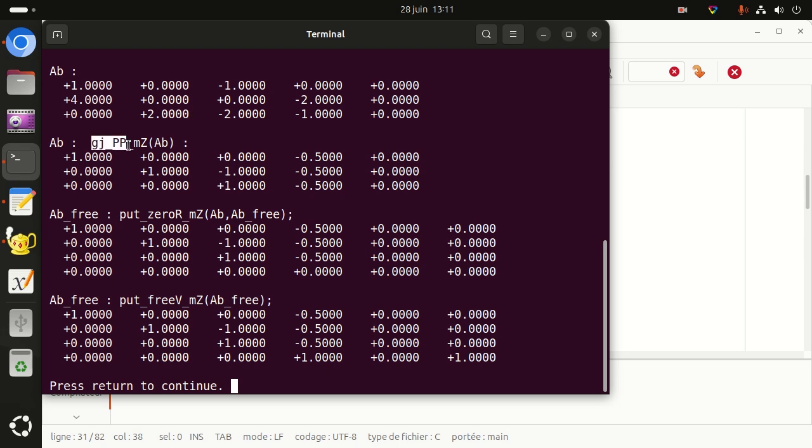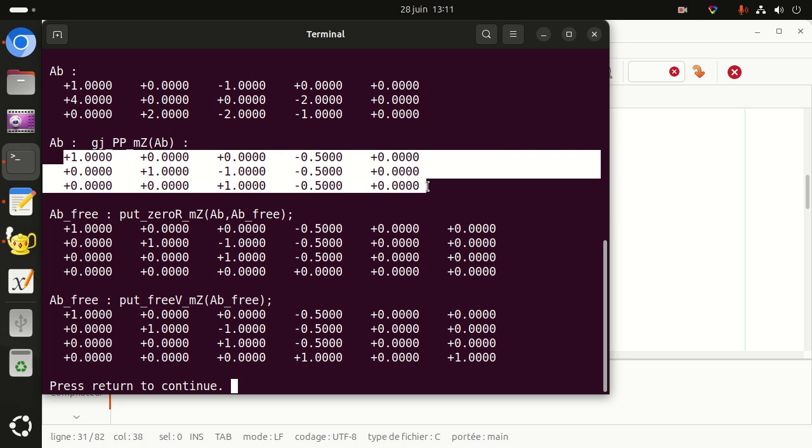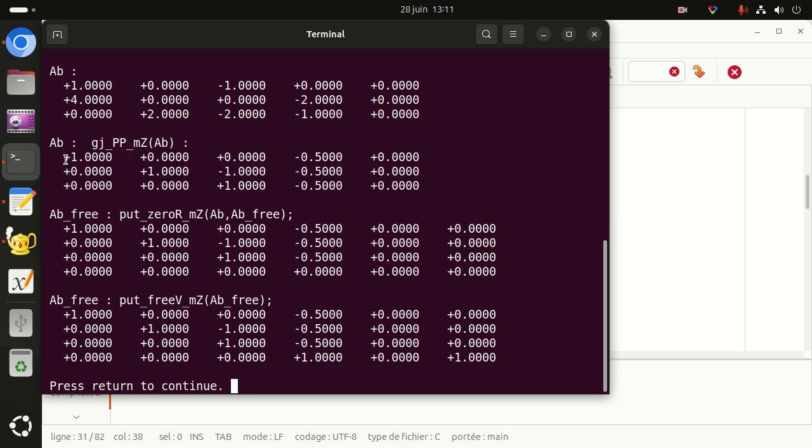I use the Gauss-Jordan with partial pivoting. This doesn't resolve the system. You have 1, 1, 1, but you have these values too. Why? Because you have a linear system with 3 lines and 4 columns, so you must introduce a variable to resolve the system.